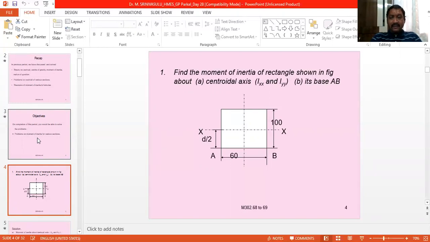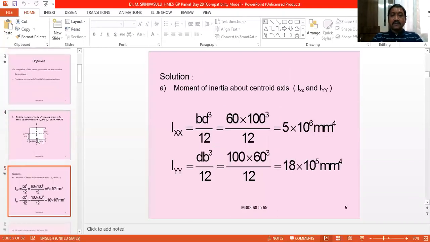We are supposed to find the moment of inertia of this given rectangle about its central axes. That means we have to find both, IXX and IYY, and also in part B, the MI about its base. So this is our problem. Now coming to the solution.